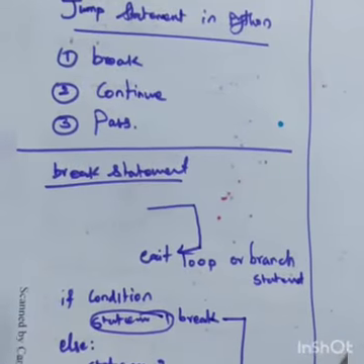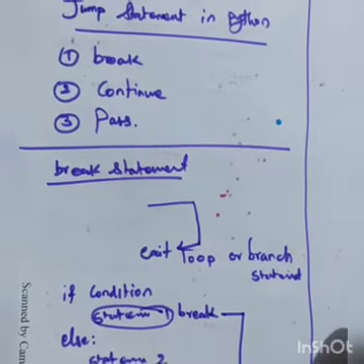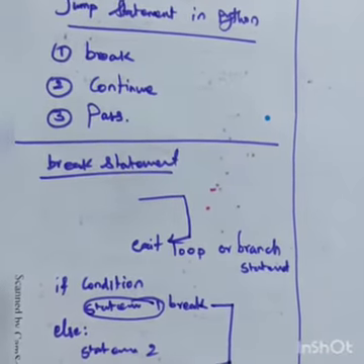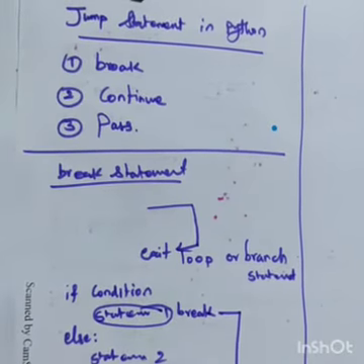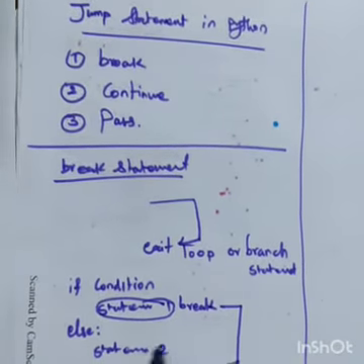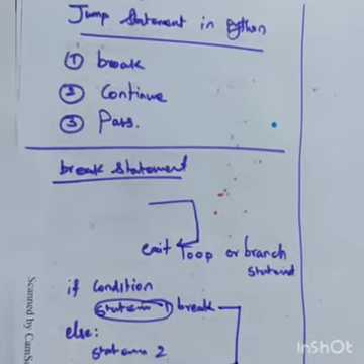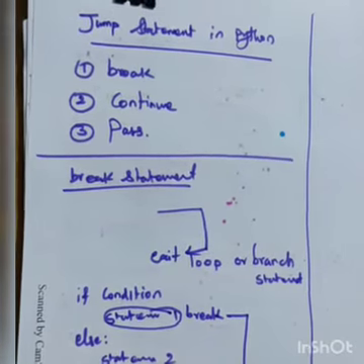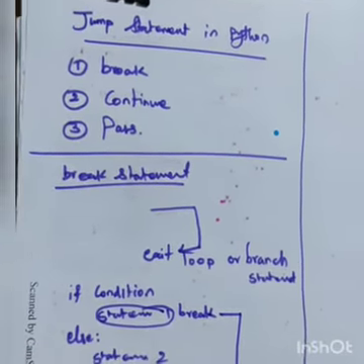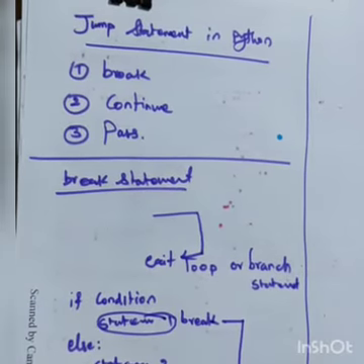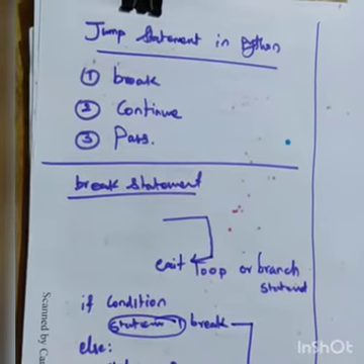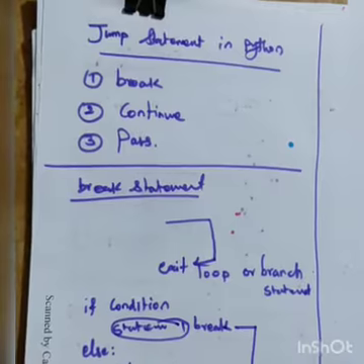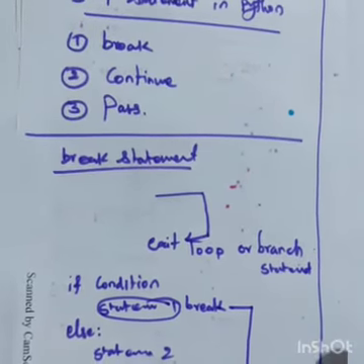That is called the break statement. Whether it is a while loop or a for loop, whatever loop, we come out of the loop. Break means terminating the current statement; immediately you come outside. That is called the break statement.